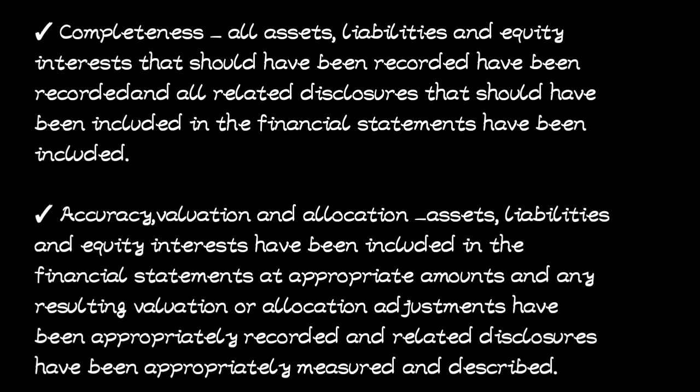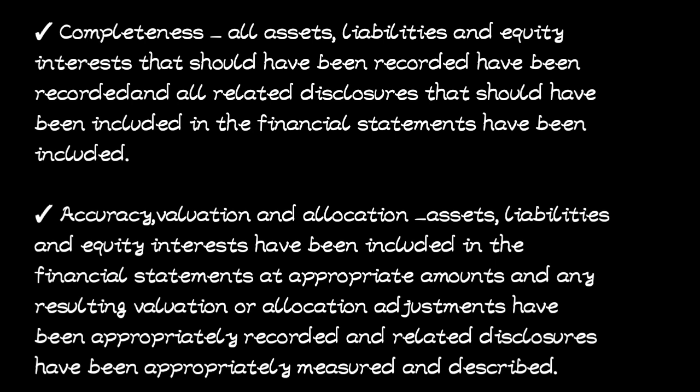So here the auditor has to confirm that assets, liabilities, and equity interests have been included in financial statements at appropriate amounts, and then resulting valuation or allocation adjustments have been appropriately recorded. Remember, assets depreciate.